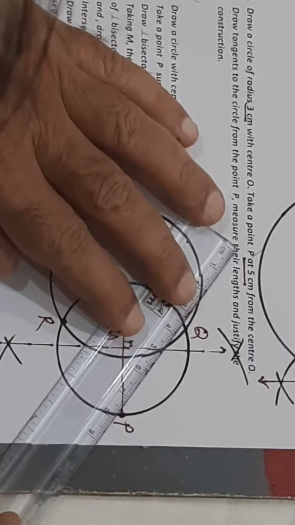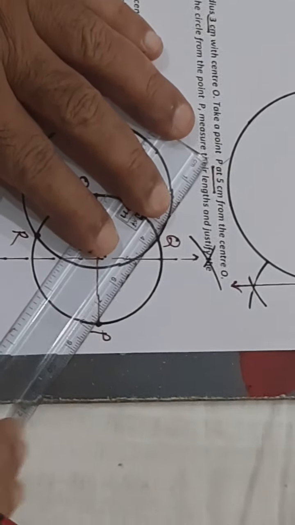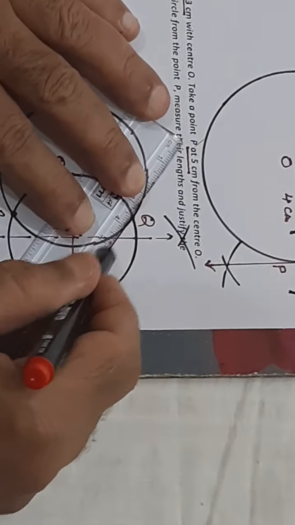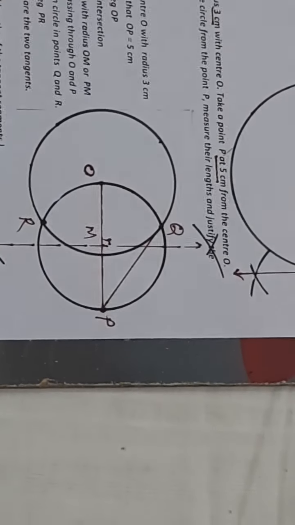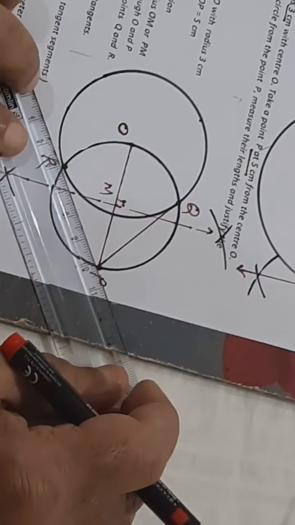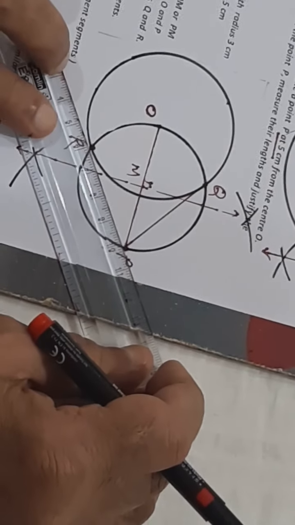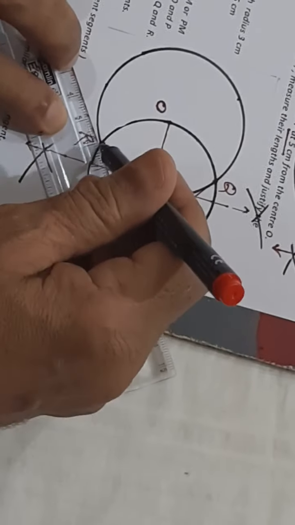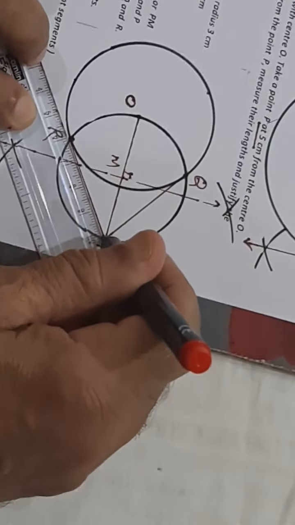Draw segment PQ. Take very sharp points. Now as I am using sketch pen, so these are not very sharp points. You take just a dot only. So now we have drawn the tangents. PQ and PR are the tangents. You measure them.